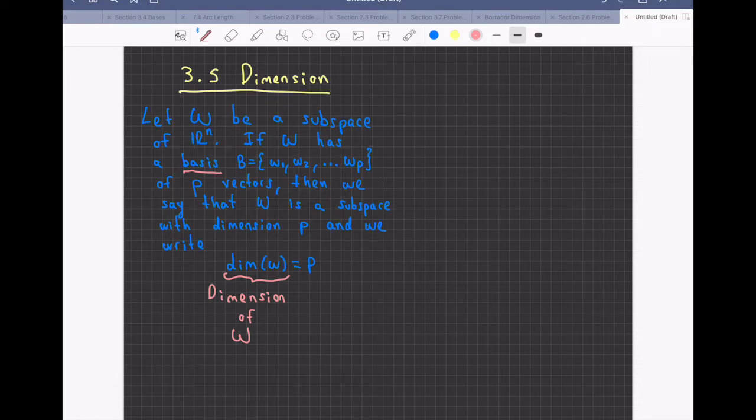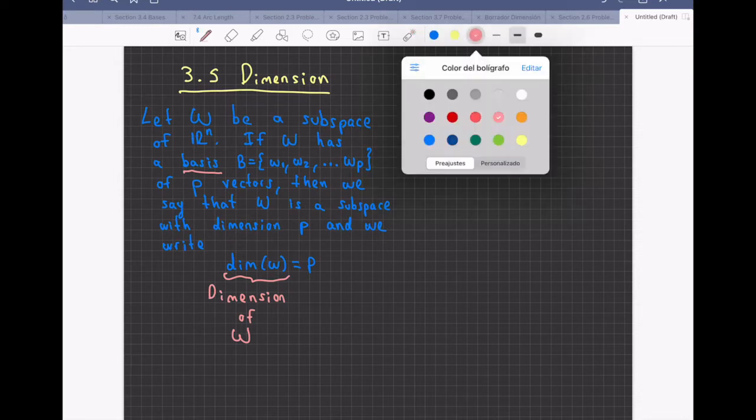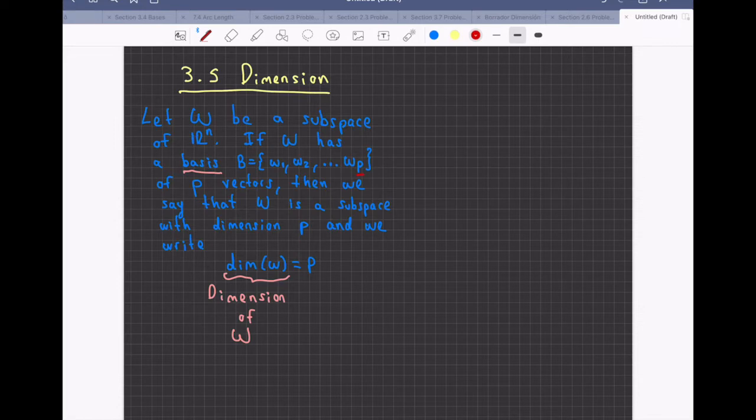It is enough if we count the number of elements. So here, for example, we have p vectors, then we say that the dimension for this subspace is p. So if you find a basis for a given subspace, you can know the dimension for the subspace. Only count the number of elements in the given basis.